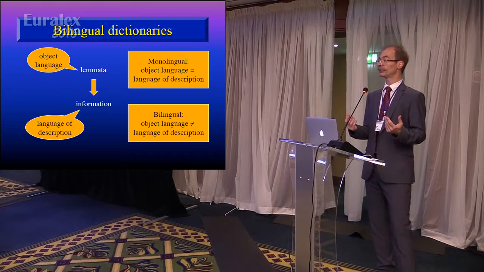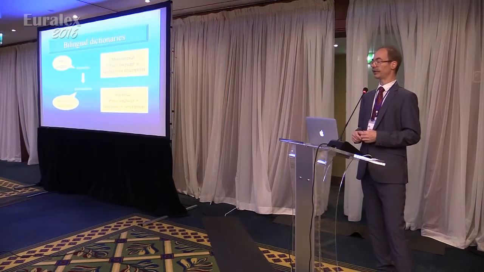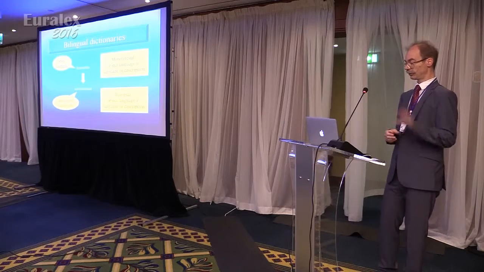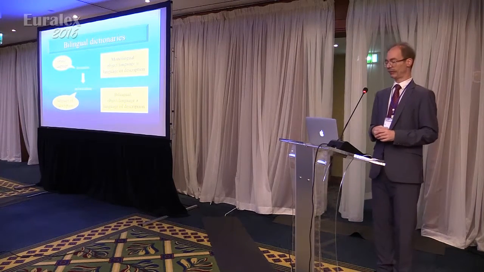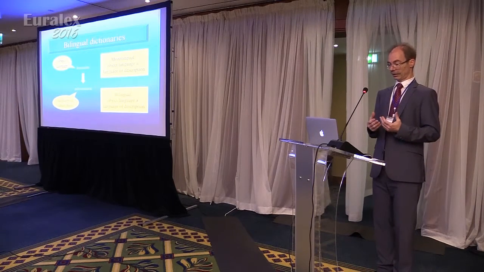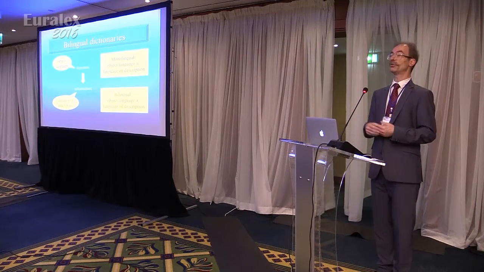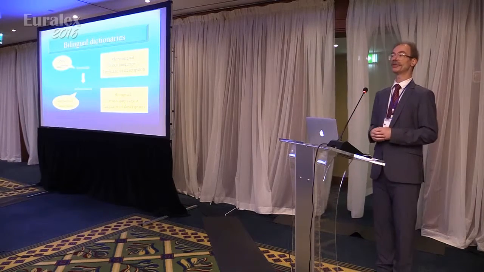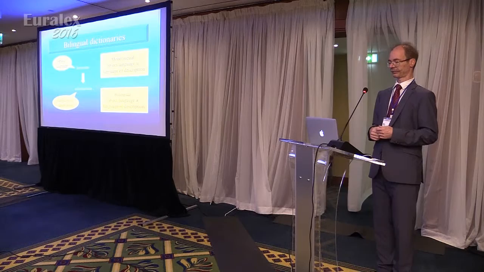So bilingual dictionaries are actually the more general case, where you have one language for the object language and another language as a language of description. If we have trilingual or multilingual dictionaries, we have to do something special. We go beyond this type of general schema.